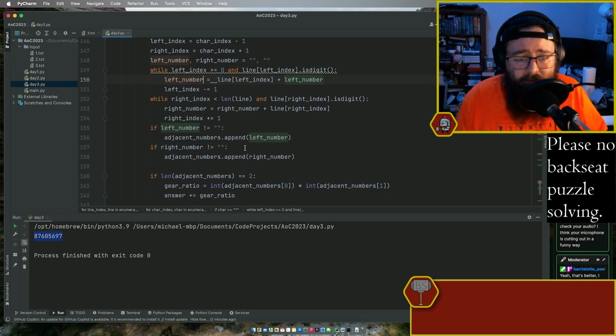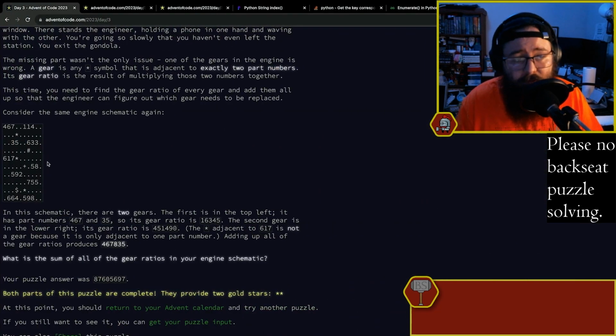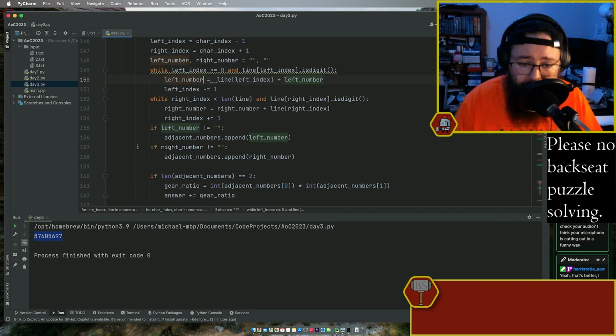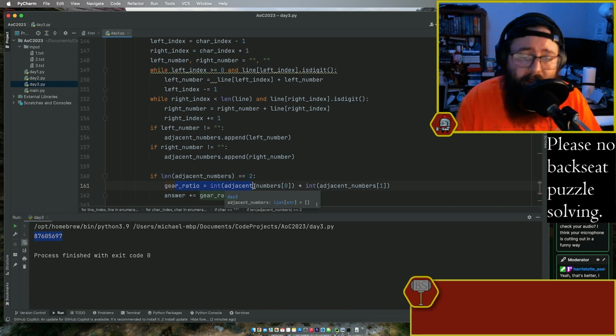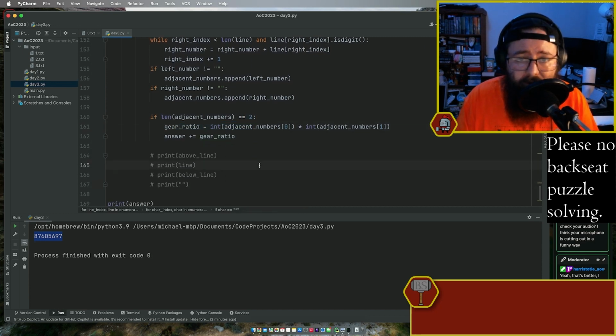Basically, I just built all of the adjacent numbers to a gear. The particular problem was only interested in gears that had exactly 2 numbers adjacent to it. So I built all of them, looked at the gears in which that length is exactly 2, and then gathered the information that the problem was looking for.